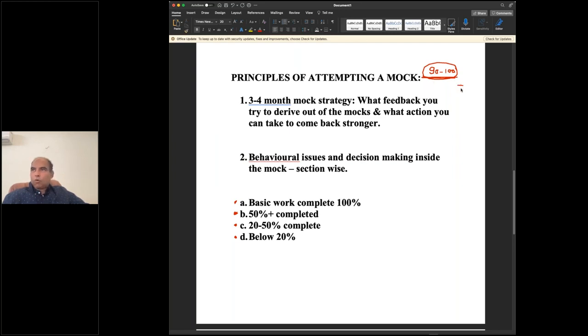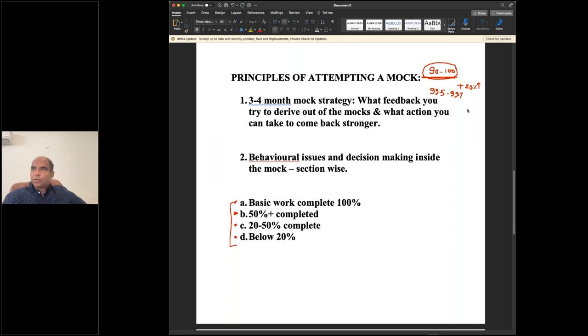If you can score 20% more than this range, you will end up getting a 99.5, 99.7. Yeah, I'm going to give you the strategy for all four kinds of people, whichever you belong to, with respect to mocks as well as your preparation, right?